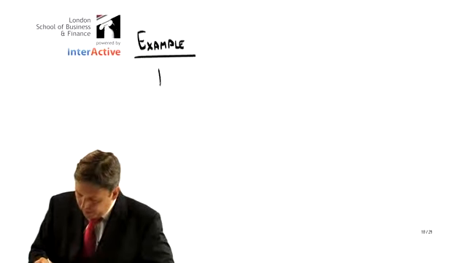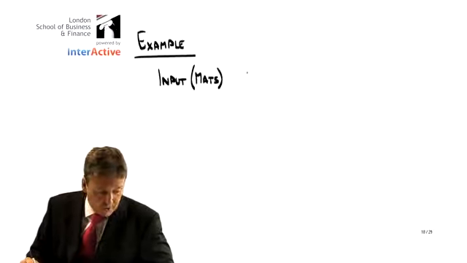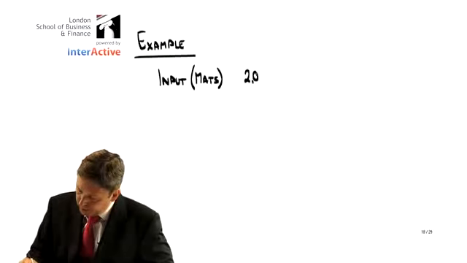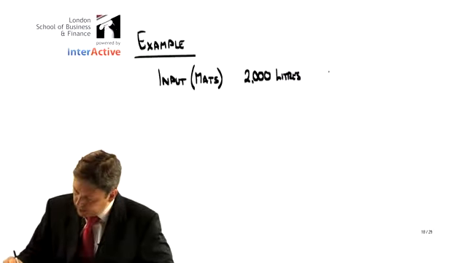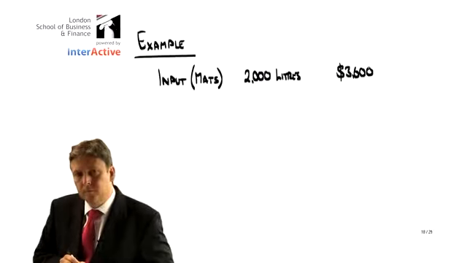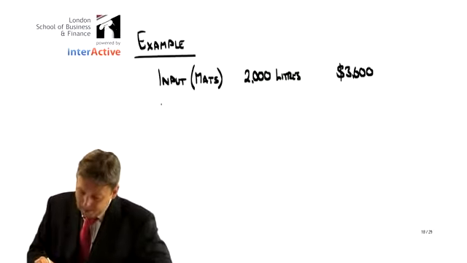First of all, we have our input. If you wish, our input in materials. It's critical that we know the number of units of input. Here, 2,000 litres, $3,600. In addition to the material inputs, of course, we have the conversion costs.